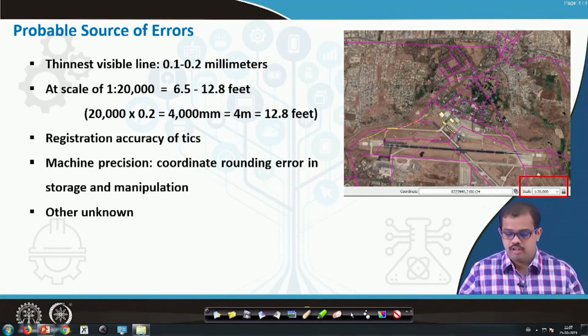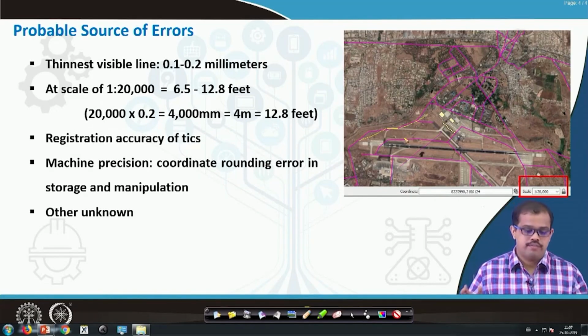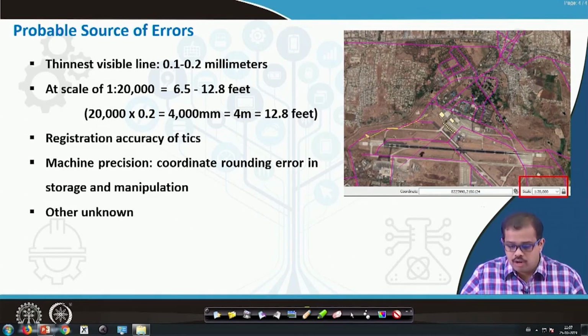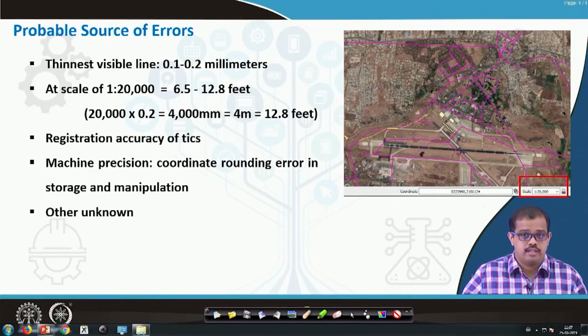At a scale of 1:20,000, that is close to 4 meters, or 12.8 feet to be exact. So a small deviation here will give you a 4 meter error on the map and a 12.8 feet error on the ground.